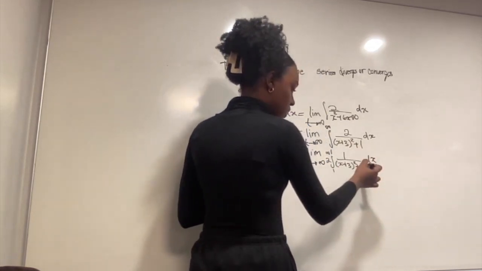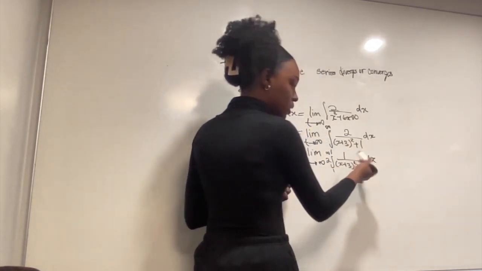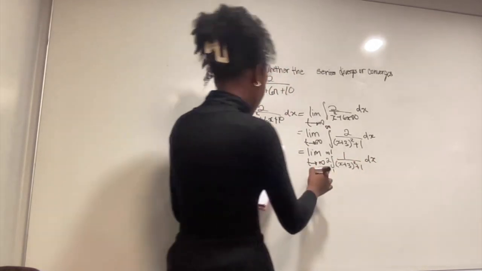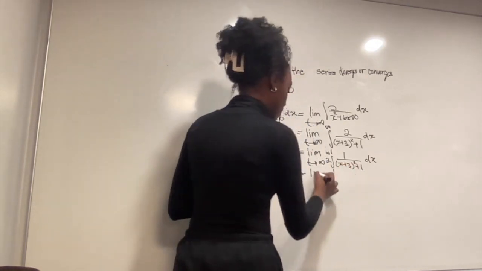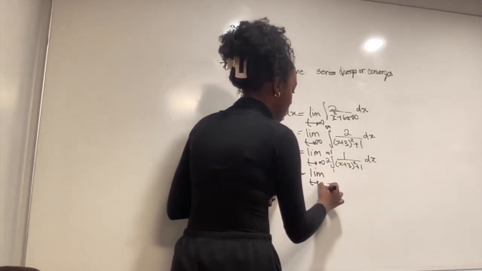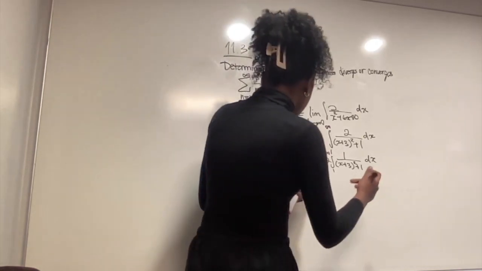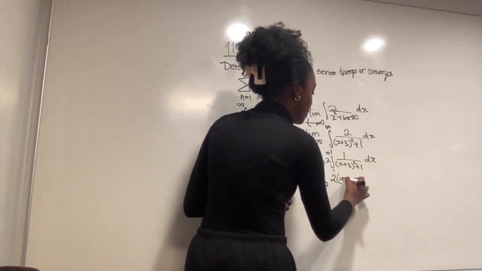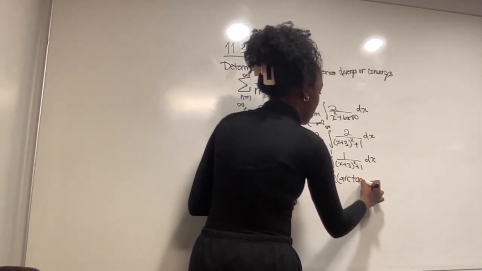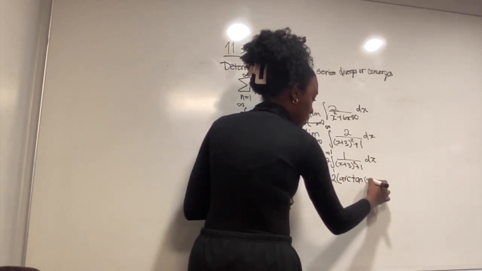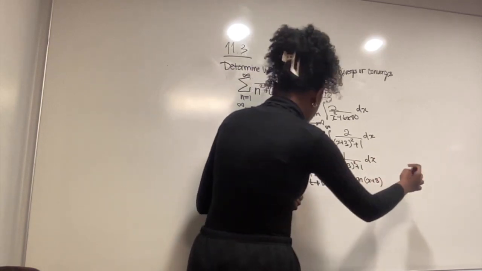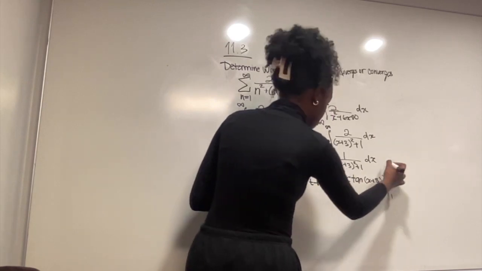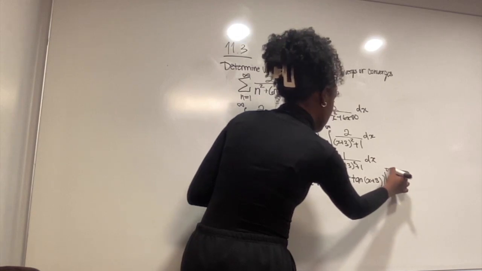And so we can notice that this integral here is actually the solution for it would be arctan of x, and so this becomes the limit as t goes to infinity of 2 arctan of what is in our bracket, which is x plus 3, and we're taking it from 1 to t, which is infinity.